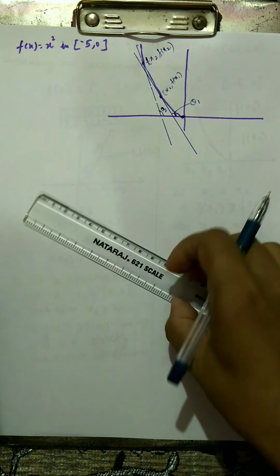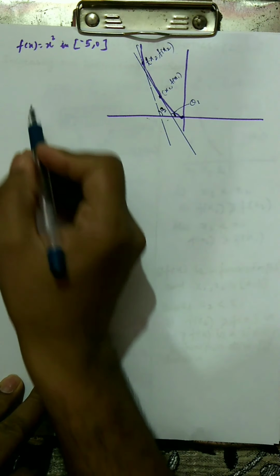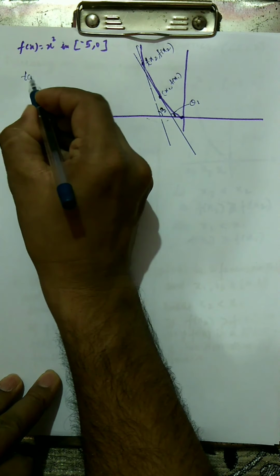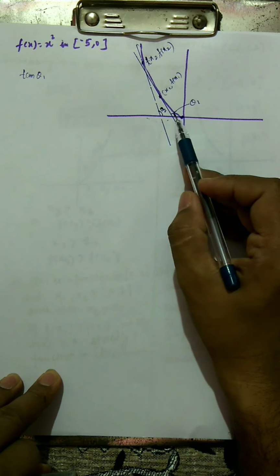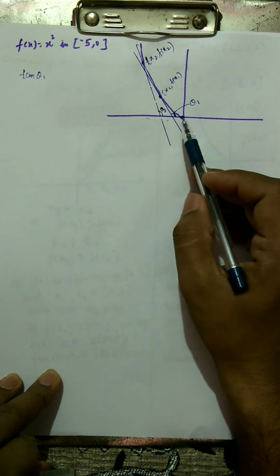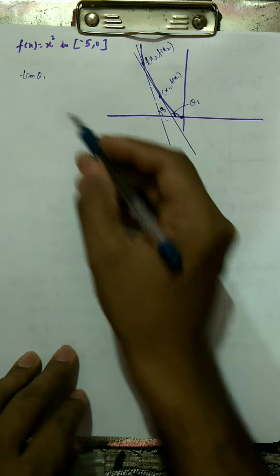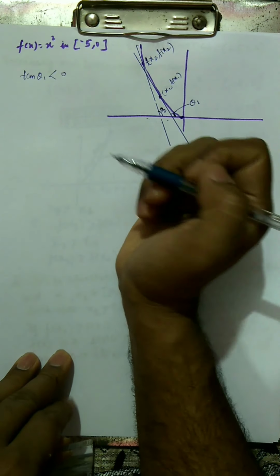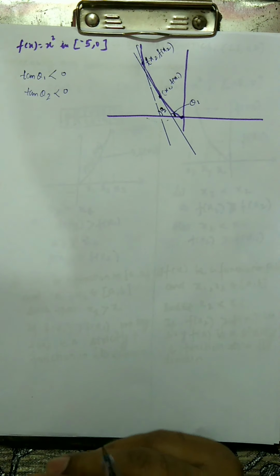Let's say this is my other tangent and this is making angle theta 1. This is a very important observation. Now observe a few more important things. Can you think of tan theta 1 and tan theta 2? This angle theta 1 is more than 90 degrees. You can see this very clearly, this is an obtuse angle. So tan theta 1 is going to be negative, and similarly tan theta 2 is also going to be negative.